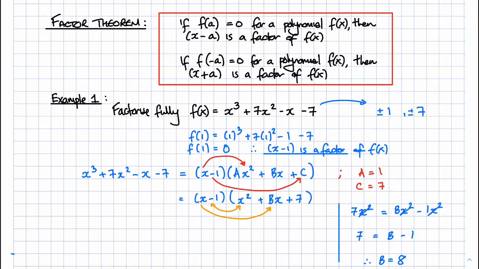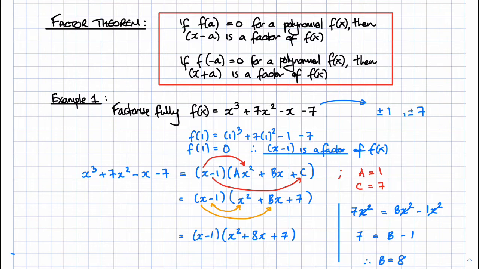Okay, now that we know the value for b, we can put that back in. So we can say x minus 1 multiplied by x squared plus 8x plus 7. So our cubic polynomial has been factorized into a linear factor, x minus 1, as well as a quadratic factor, x squared plus 8x plus 7.